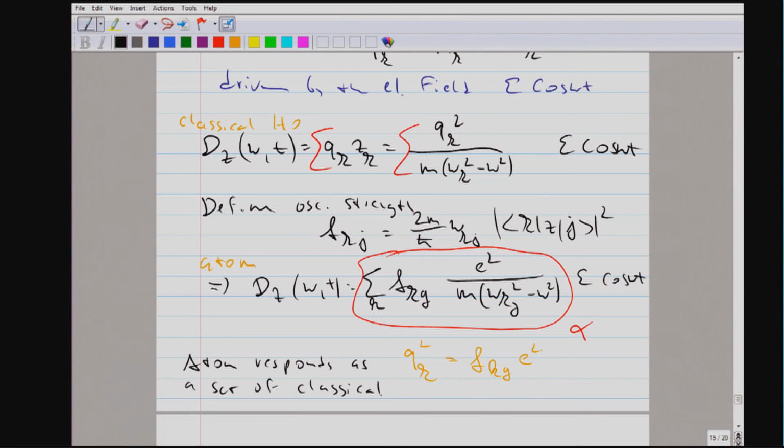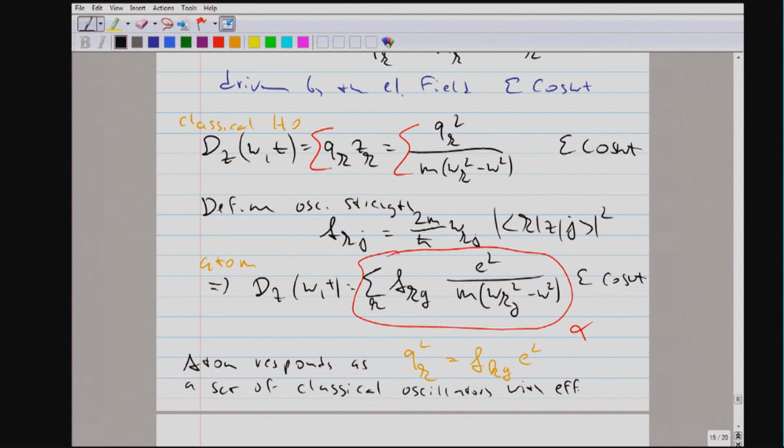So the atom responds as a set of classical oscillators with an effective charge which is given here.